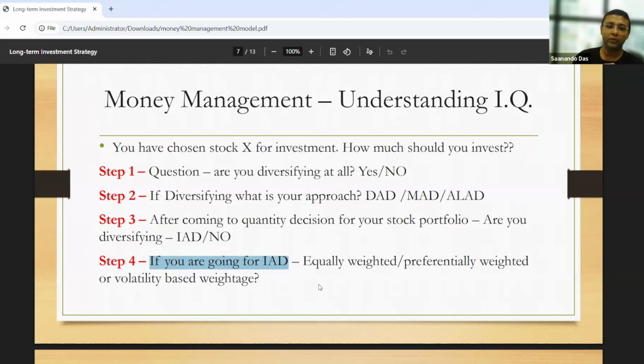Now comes the next question: will this be equally weighted? मतलब 6 lakh rupees divided by 10, will each stock get 60,000 rupees? Will it be preferentially weighted? Like if you think NetWeb will do better or L&T, you may choose to put more quantity on L&T. Or will it be volatility based weightage? I'll cover volatility based weightage later on. First, I'll take the simpler approach.